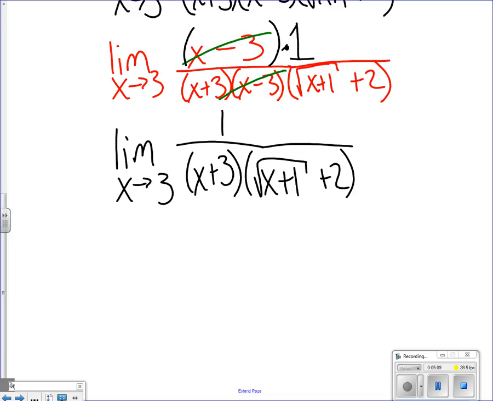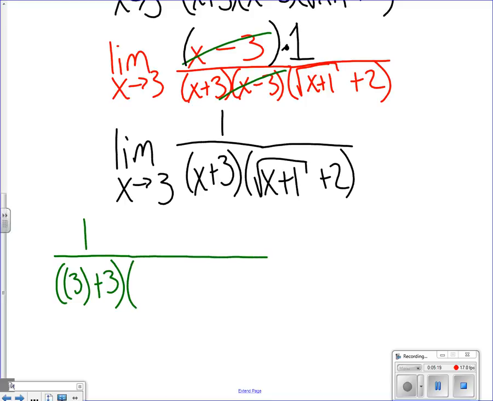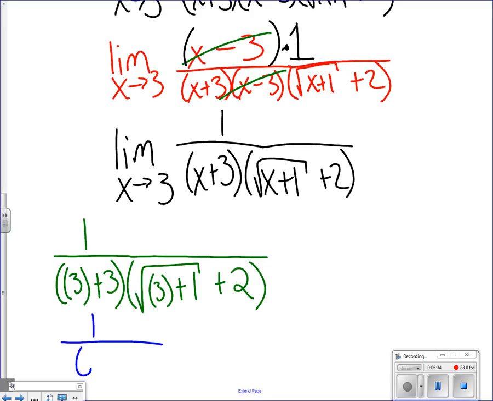So when we do that, we end up with still 1 on top over 3 plus 3 times the square root of 3 plus 1 plus 2, which comes out to be 1 on top still over 3 plus 3 would give us 6 times the square root of 3 plus 1 is just 4 plus 2.